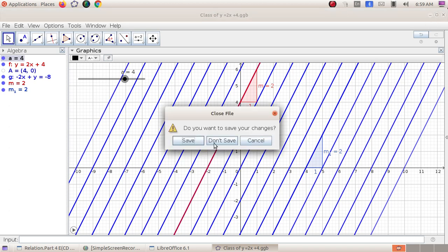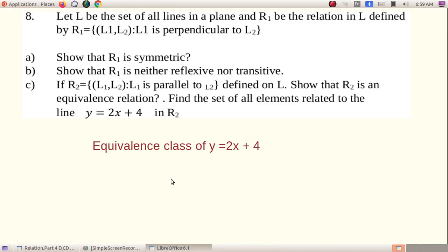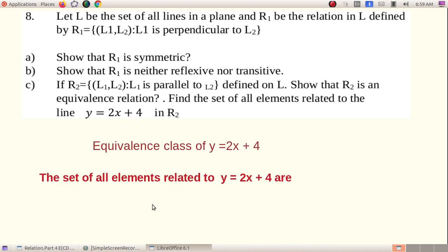Now we are going to write it down in your notebook. We found that the set of all lines related to the given line y equal to 2x plus 4 is the family of lines having slope 2.